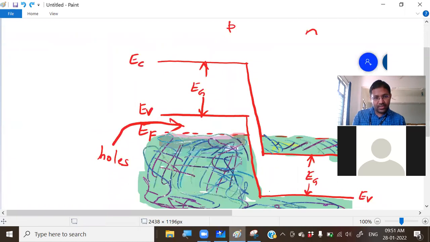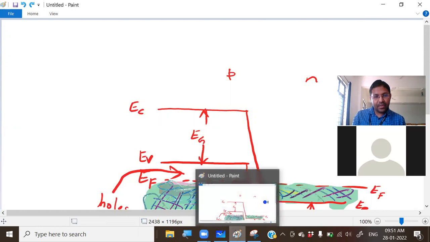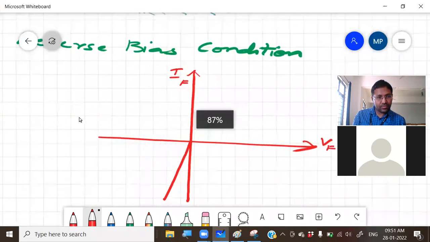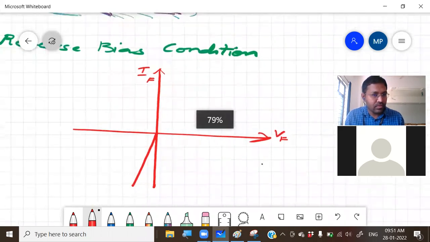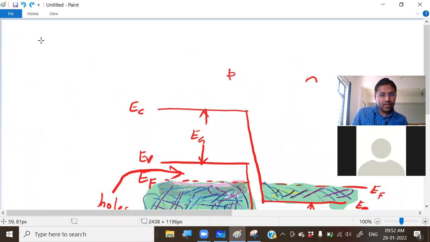Now let me consider what happens under forward biased condition. I will change this, and I will type here.